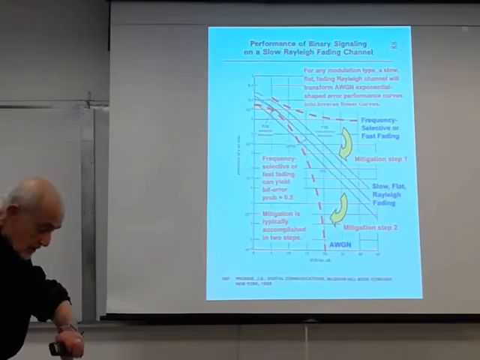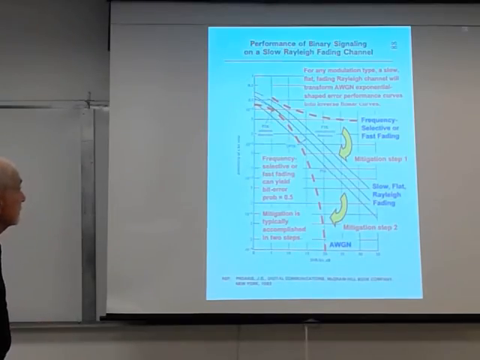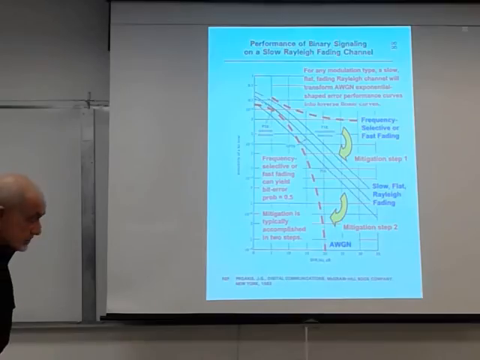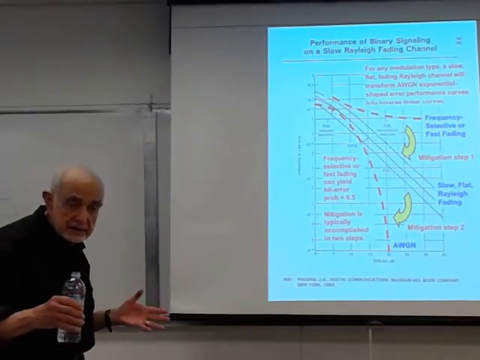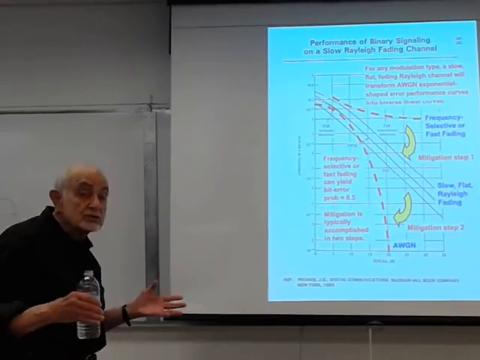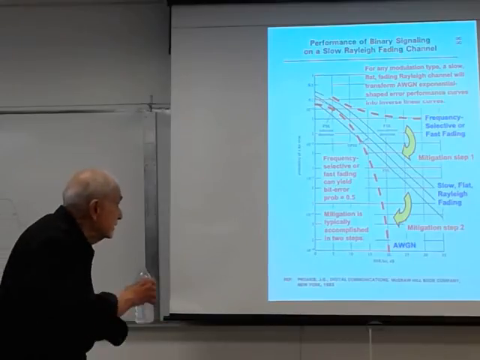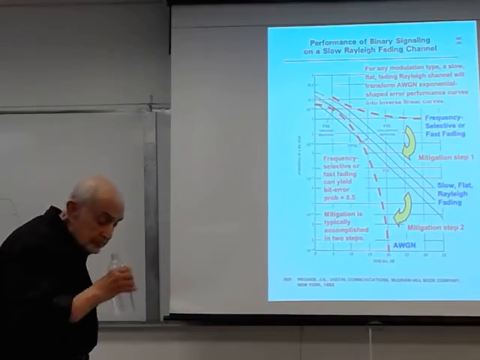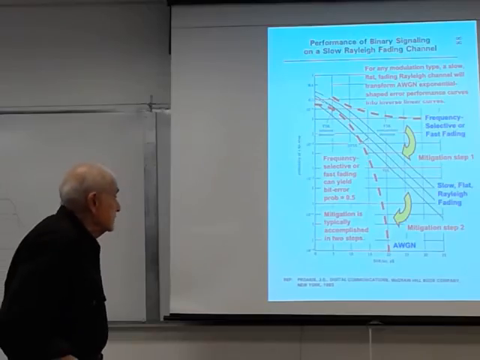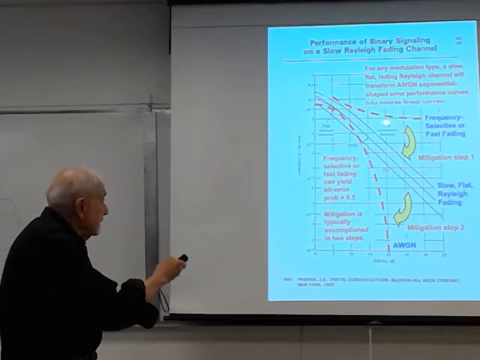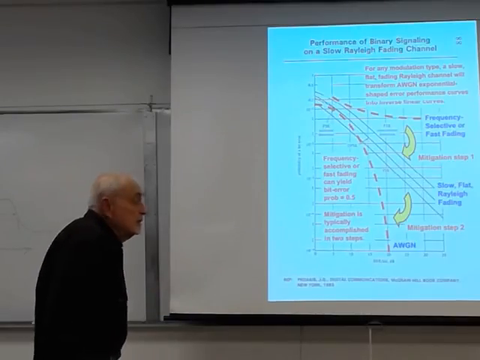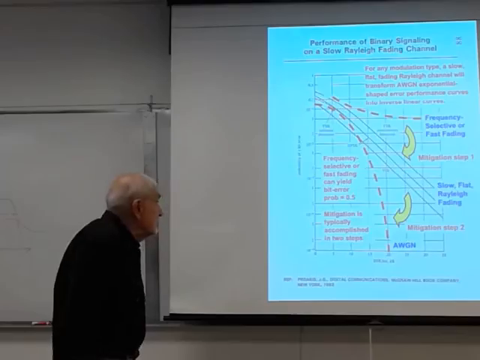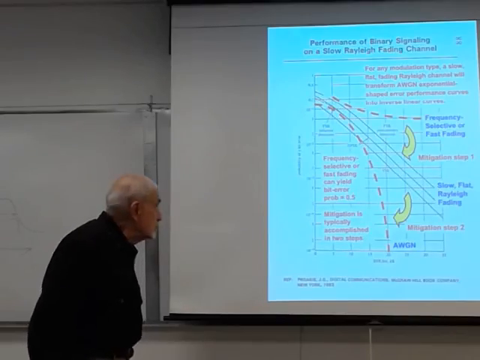So on page 88, remember we said that our wish list is not the end all, but it's a good starting point. It's a good way to get started. So the general picture, if you find yourself at a frequency selective or fast fading situation, you can think of mitigation happening in two steps. Step number one is observance of the wish list.